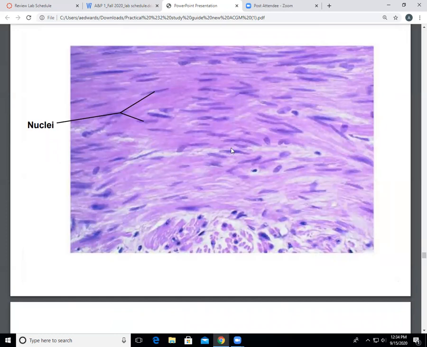Skeletal muscle is many nuclei per cell. Cardiac and smooth, one. Okay.